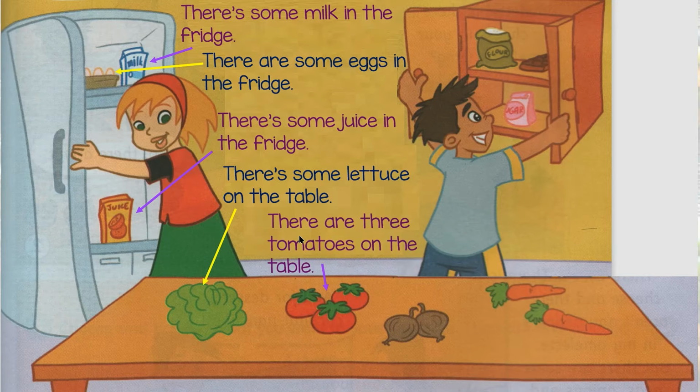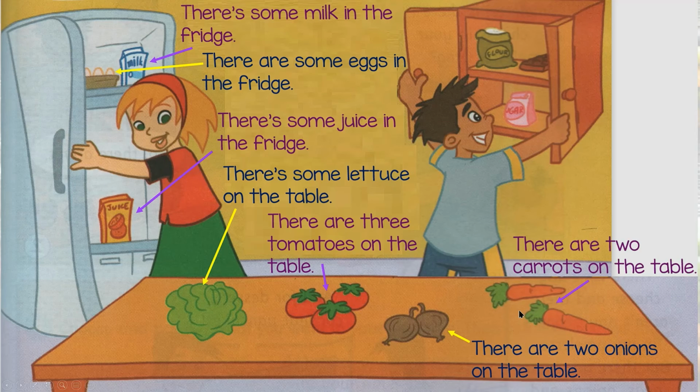Yes, we can. There are 3 tomatoes on the table. What about onions? Can we count them? Yes, we can. There are 2 onions on the table. The same goes for carrots. We can count carrots, so our sentence should be there are 2 carrots on the table.